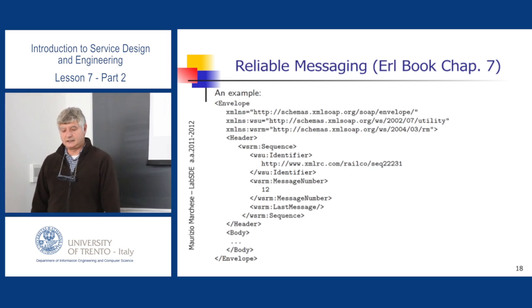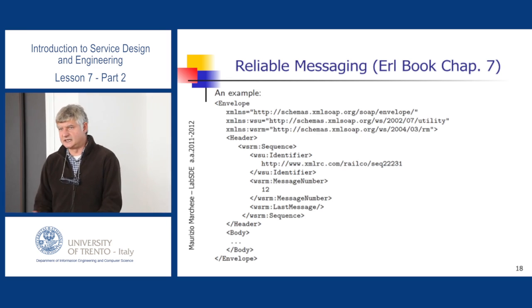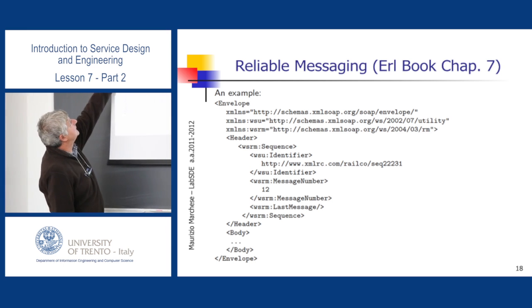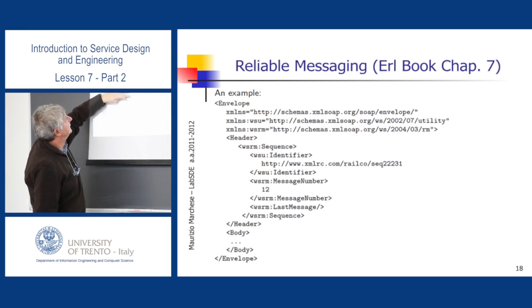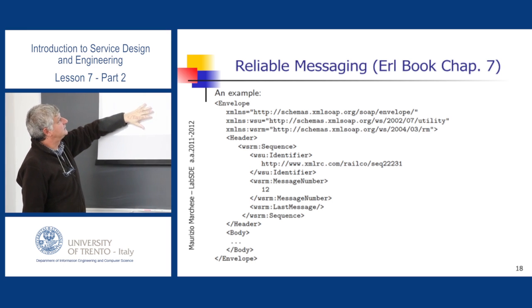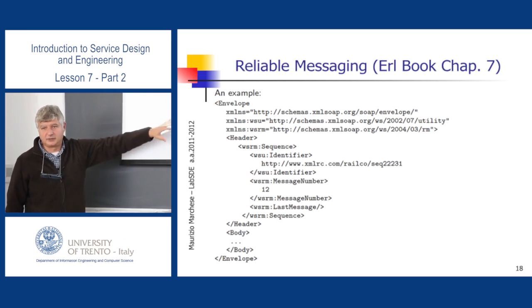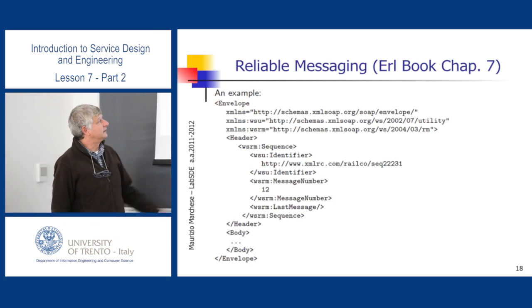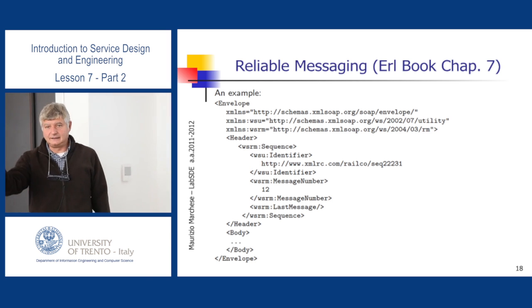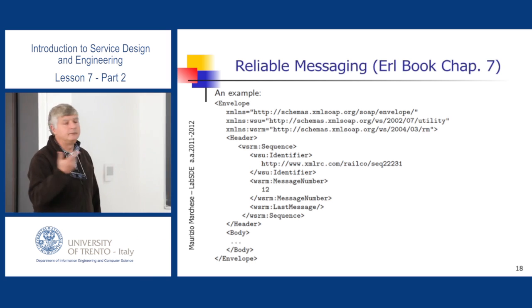And this is how it is implemented, just to show you. It's very easy. The important thing is inside the header of the SOAP envelope, and the body remains whatever is the body of that particular service. So here you have, for instance, the possibility to add, when you are sending out the information, a message number.